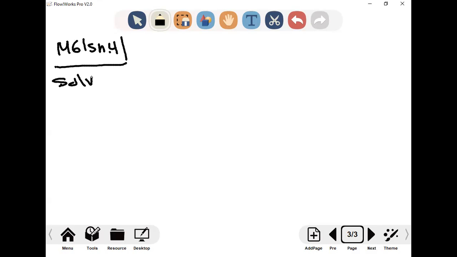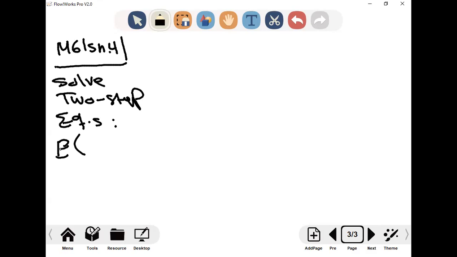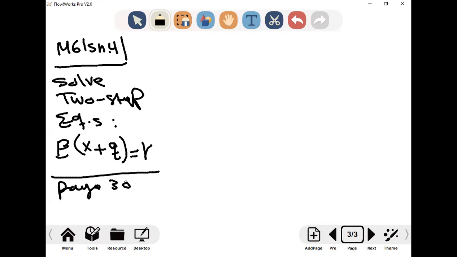Solve two-step equations of the form p with x plus q all equal r. I'm on page 307 and today is 7 November.